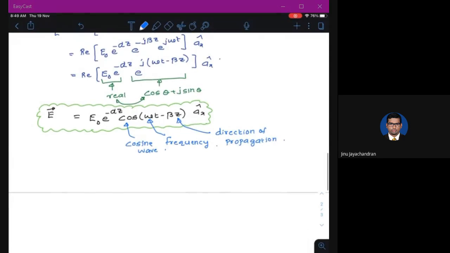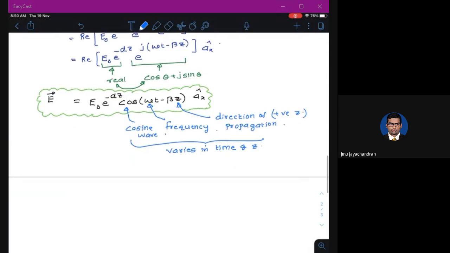And the wave varies both in time and space. Now, when you have positive Z direction, the direction of propagation is positive Z. If we had negative Z direction of propagation, then this minus would have been plus. That we will see in a problem. And this is actually an attenuation.